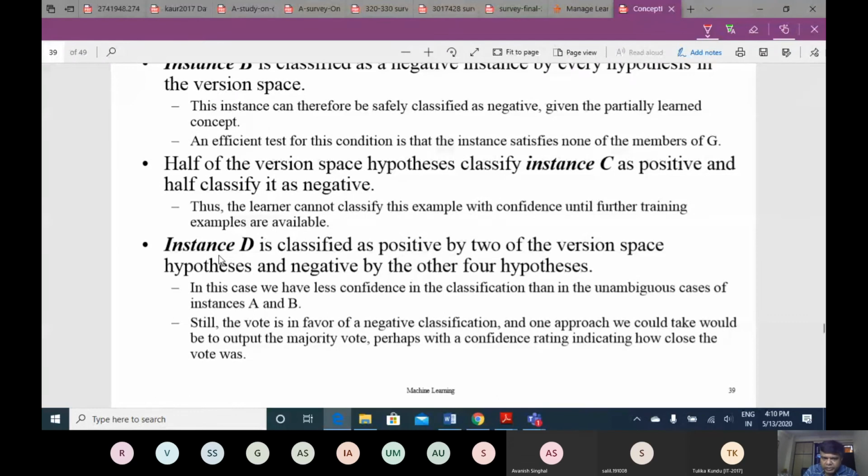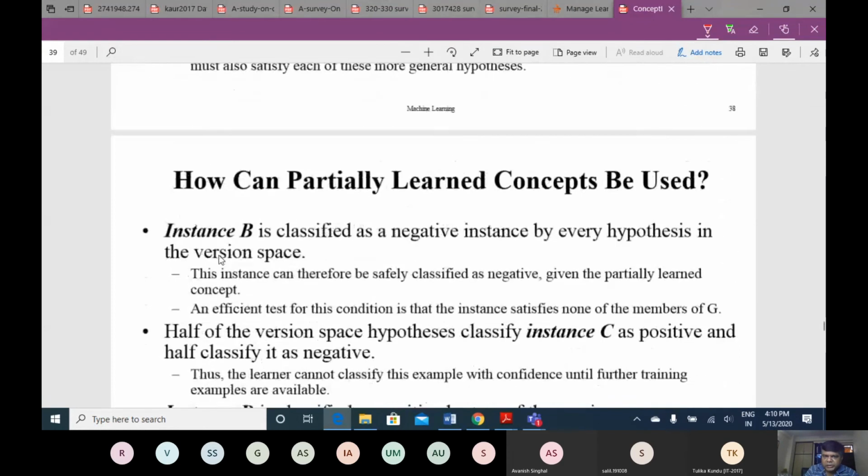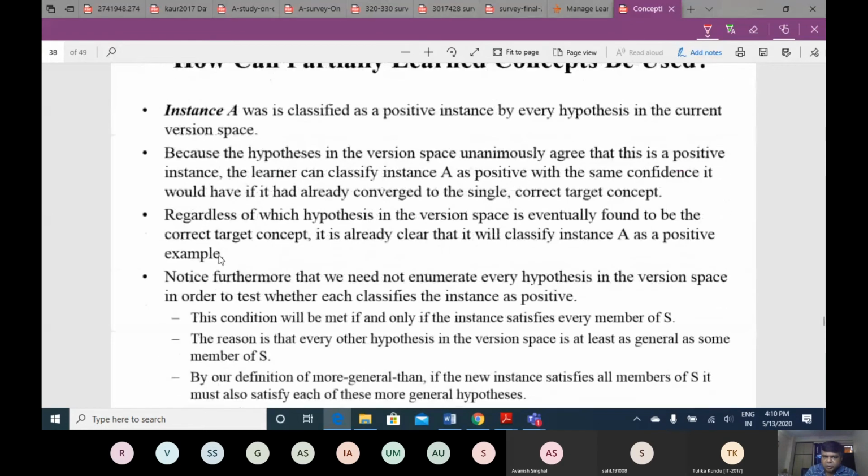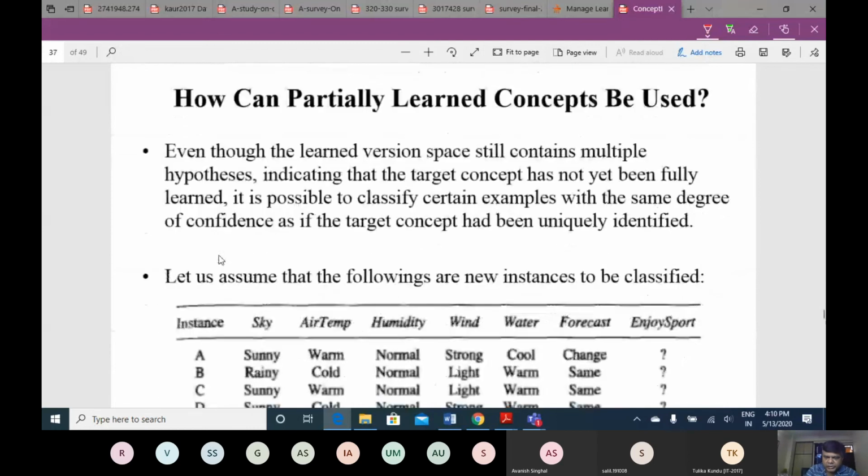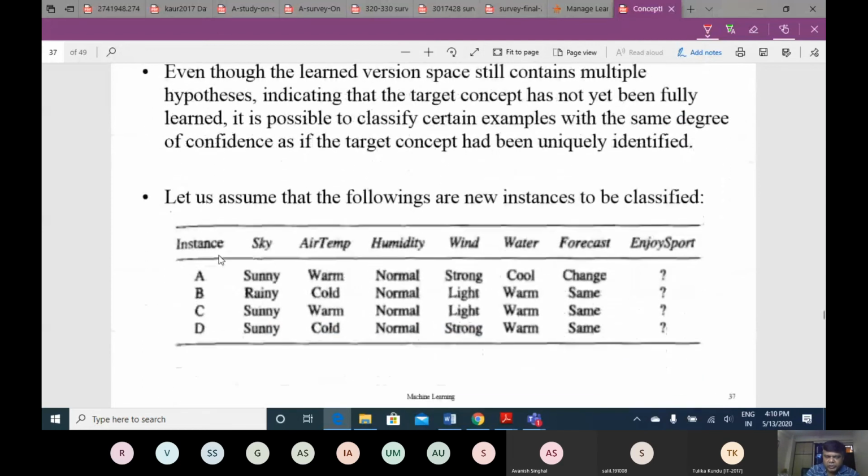And if that is so, that means either we can say that we have not found the correct, exact answer, but in this case we can say that the probability of getting this instance as no or negative is more. The answer of this instance D, enjoy sport, will more probably be no, based on version space.